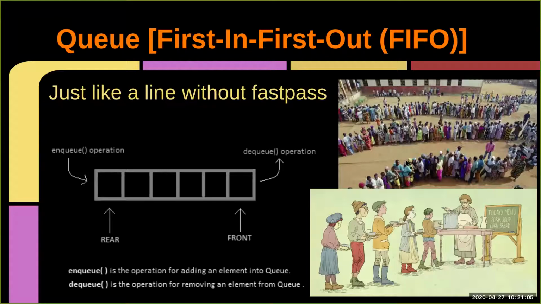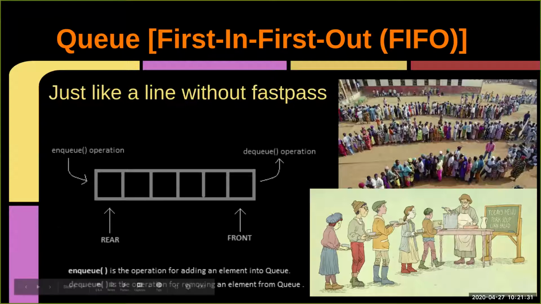So a line, right? The first person who gets in line is the first person that gets to do whatever it is, whether that's getting food, getting into the movies, getting into your concert. If you're the first in line, there's nobody with fast pass or VIP things, none of that. Then you will be the first person to get out of the line and into the venue.